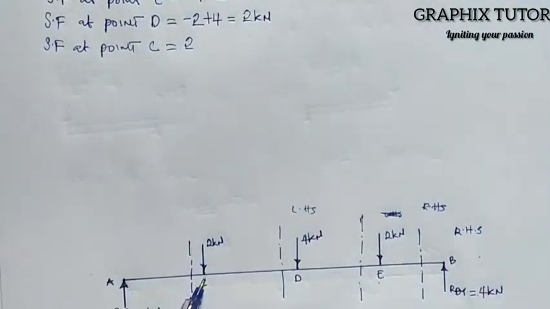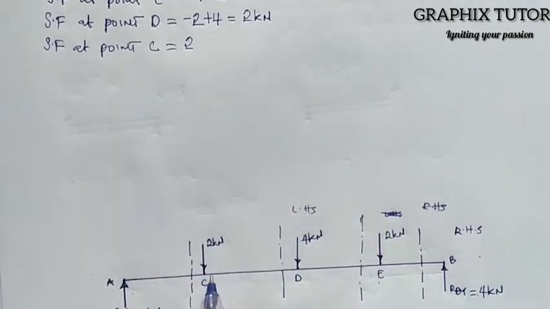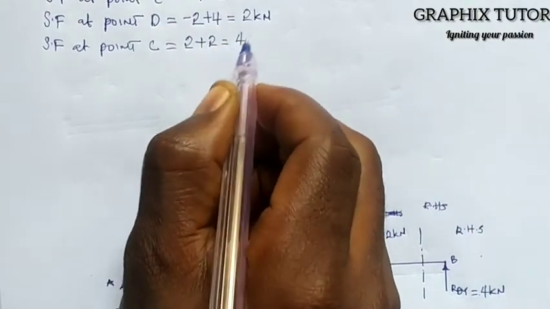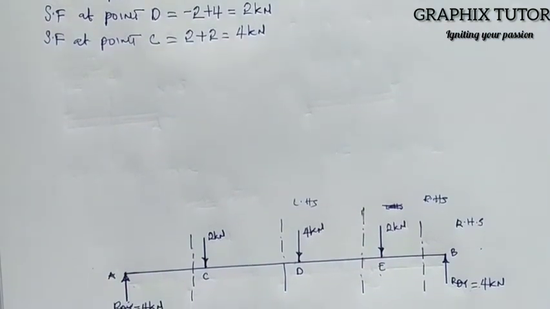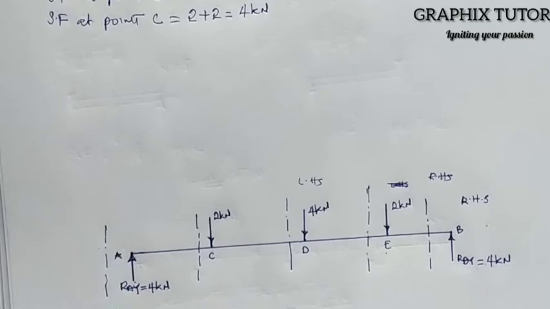It's facing down, and it's positive when it's facing down at the right hand side, because since I section here now, from here downward is right hand side, and from here is left hand side. But the new introduced force is 2. So it's facing down and at the right hand side, so it's positive. So I'll be having plus 2, and that will give us 4 kilonewton. Now the next thing I'll do is I'm going to section in front of A, right? So now that will be shear force at A.